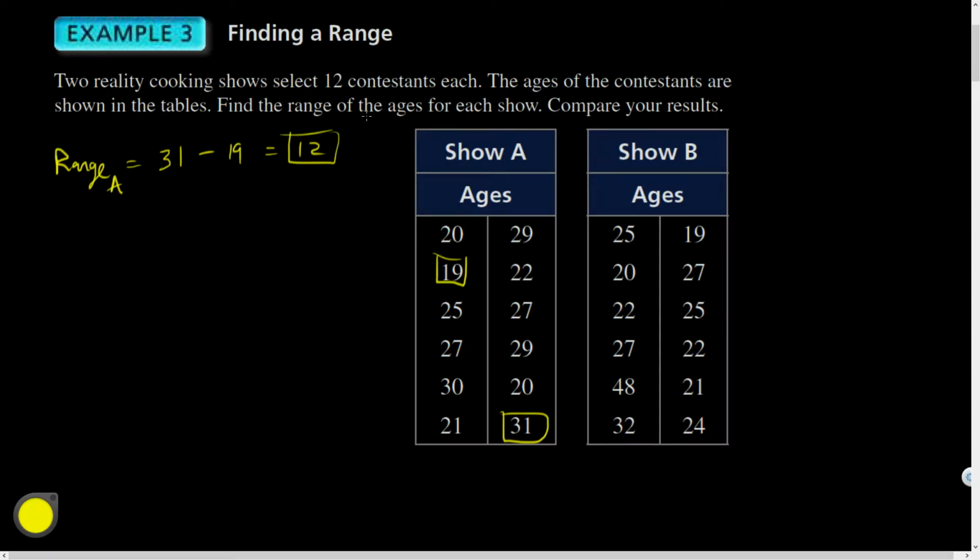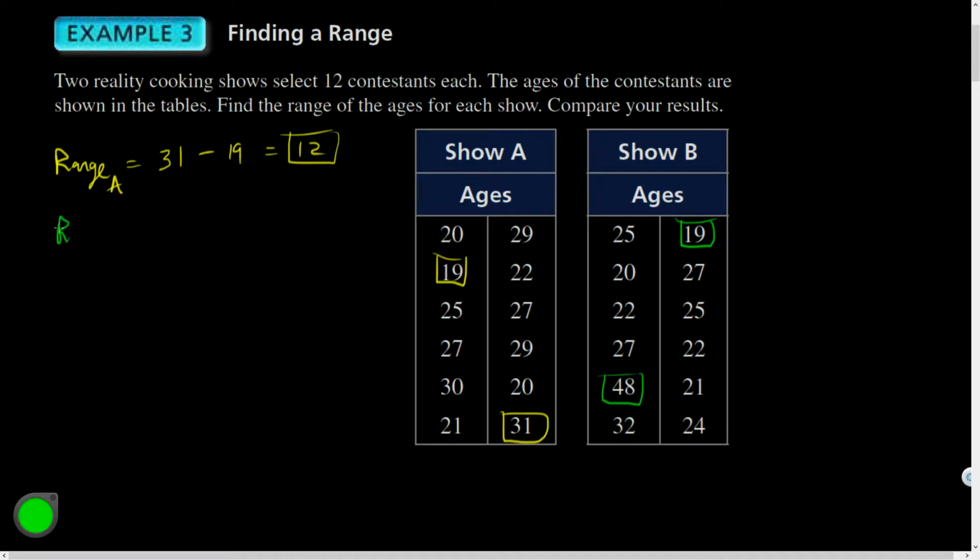And so what does that describe? That says that between the youngest and oldest contestant is a 12-year difference. Right? Okay. How about for the next one? Show B. What's the smallest? 19. And the oldest? 48.